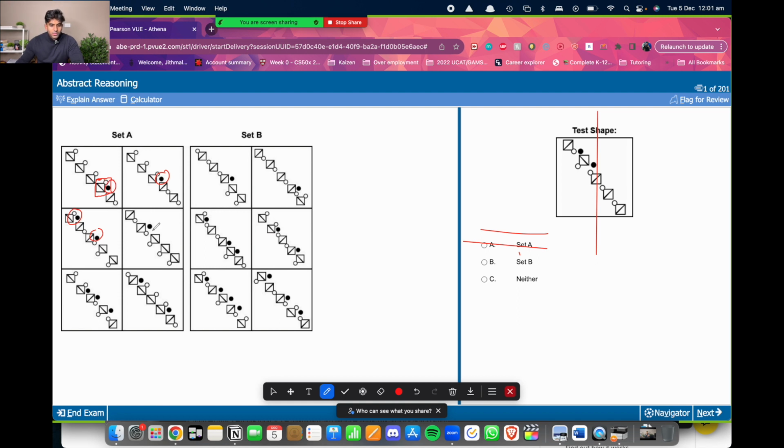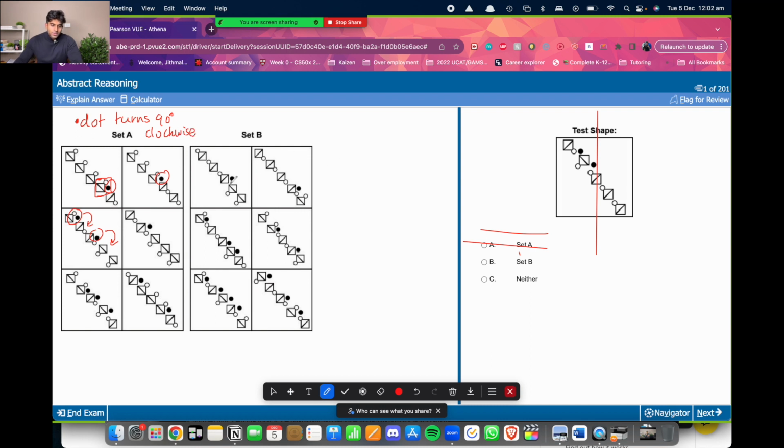This one here is turned clockwise 90 degrees as well. Go to the next one, and the next one has also caused it to turn clockwise again 90 degrees. So in this case, the dot turns 90 degrees clockwise.